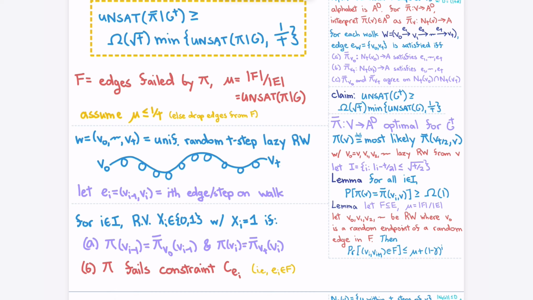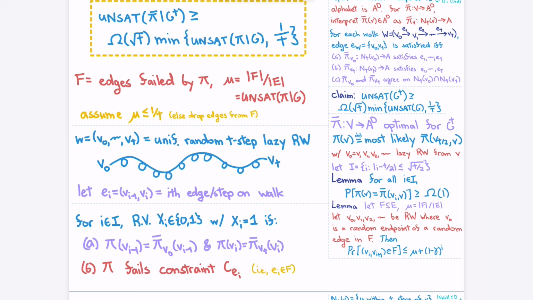So here's what we're going to do. For each of those indices that are really close to t over 2, between t over 2 minus square root t and t over 2 plus square root t, we're going to make a random variable, xi, that's going to be 1 if the induced label you got agrees with both endpoints, and you fail the constraint.